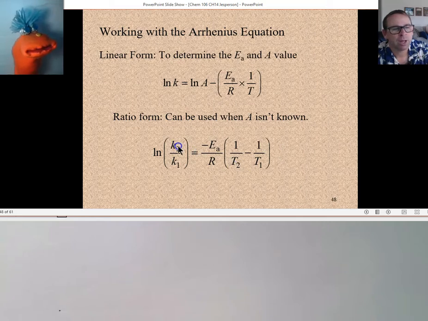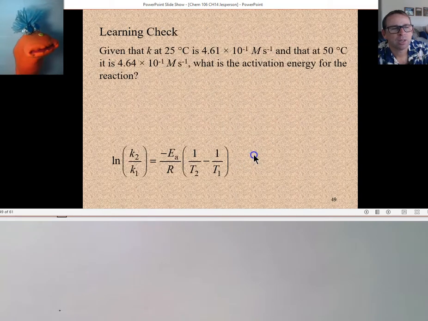Now, it doesn't matter if this is K1 or K2 on top, but you just have to make sure that K2 corresponds to this one here and K1 corresponds to the one that's subtracting from K2. So here's an example. We get a K at 25 and a K at 50 degrees Celsius, and we're asked what the activation energy is.